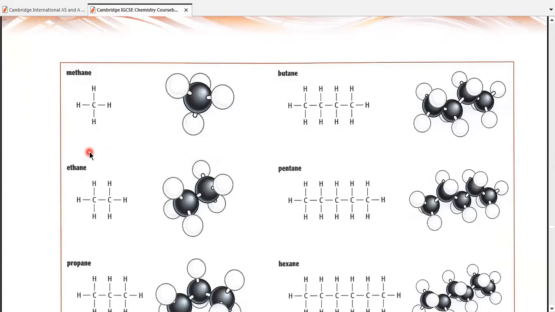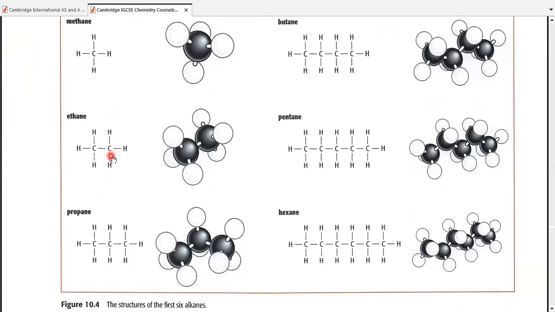I think that's pretty easy to understand, the structure of methane. However, when it comes to two carbon atoms, the structure of ethane, both carbon atoms are connected by a single covalent bond, like you could see in case of spotlight over here, and both carbon atoms are actually surrounded with 3 hydrogen atoms each. So the overall formula for ethane is C2H6. You can simply do that by counting the number of carbon atoms and counting the number of hydrogen atoms.